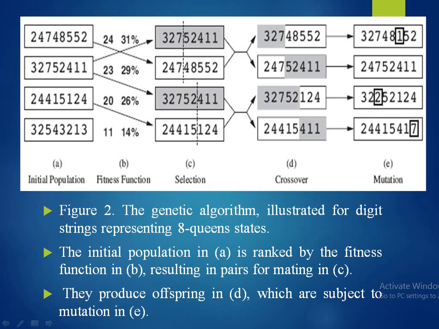The initial population in A is ranked by the fitness function in B, resulting in pairs for mating in C. They produce offspring in D, which are subject to mutation in E. So figure A shows the initial population, figure B shows the fitness function, figure C shows the selection, figure D shows the crossover, while figure E shows the mutation.